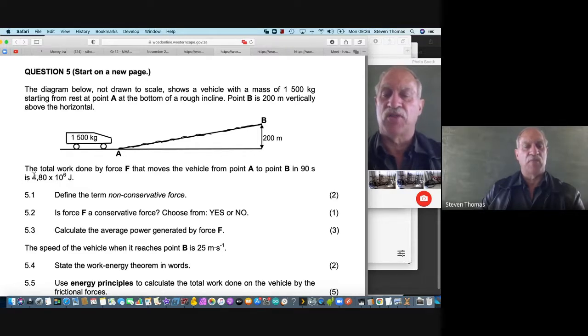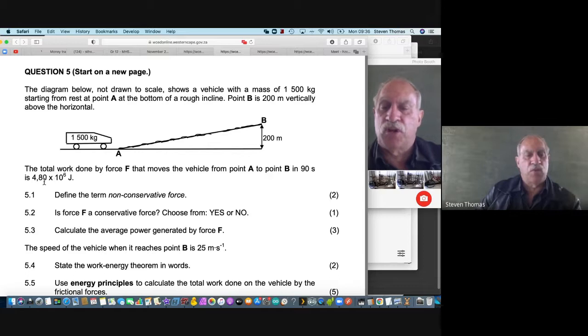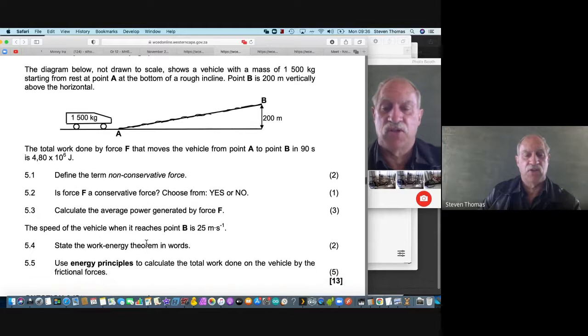So if we've got work and we want to calculate power, surely we just take work divided by time and we get power. I would say that's just how simple it is. So we've got the work done by the force divided by the time, which is 90 seconds, gives us the power. I think that's as easy as it is.